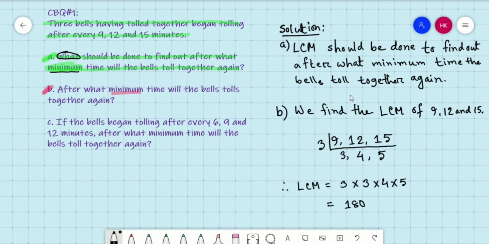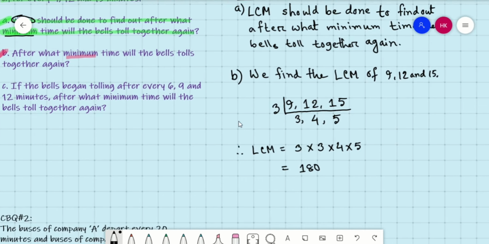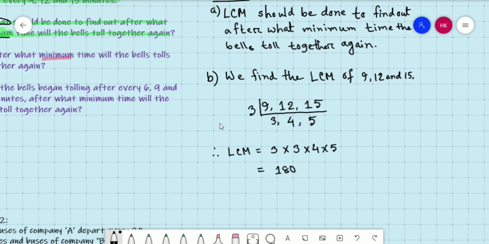We write the answer like this: therefore, the required minimum time is 180 minutes.